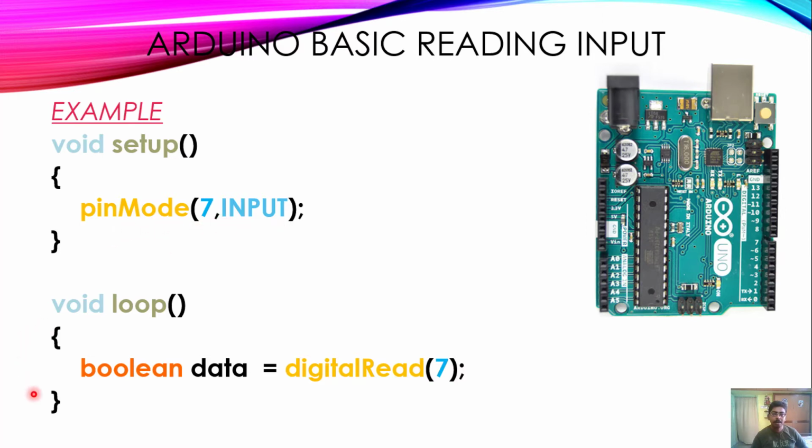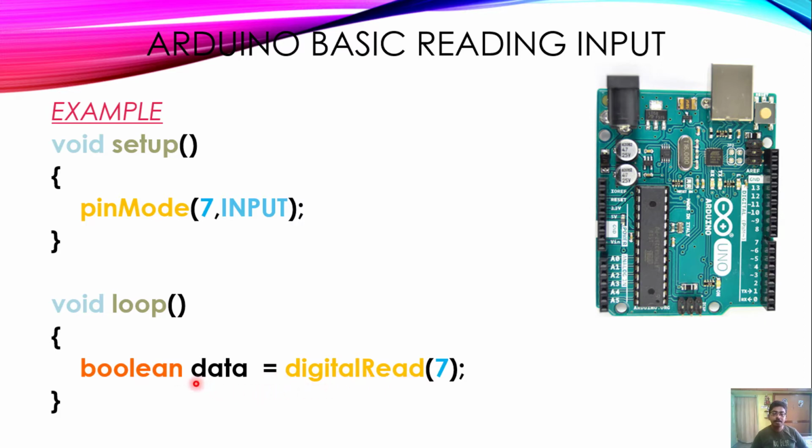On coming to the loop function, you need to define boolean data equal to digitalRead. The difference is here we are using digitalRead instead of digitalWrite. This statement will read the state of the 7th pin and save it in data. Here the boolean represents the state of the 7th pin, which may be high or low.